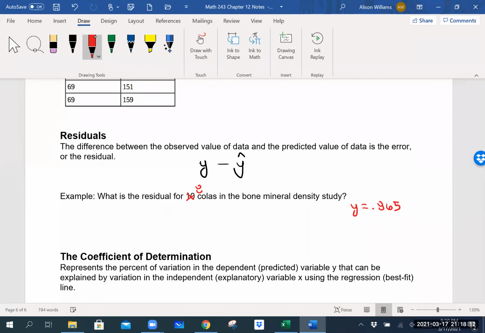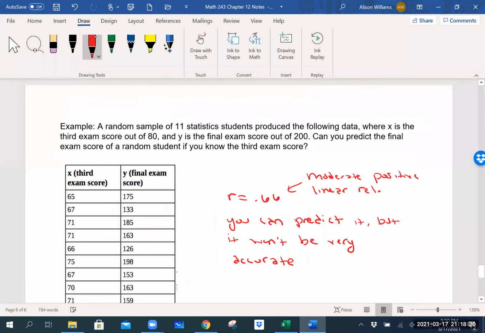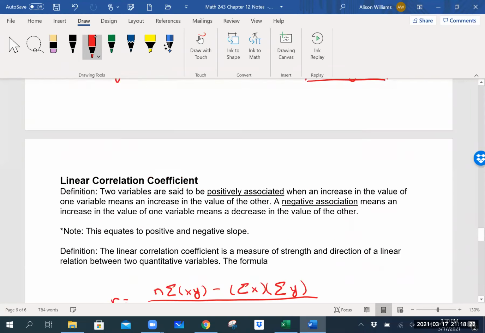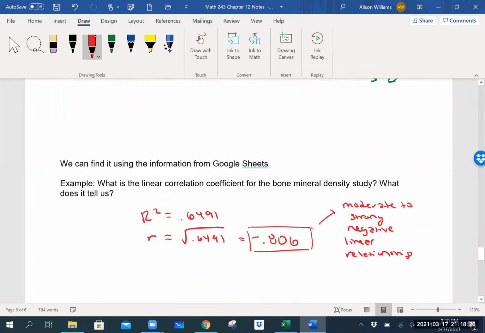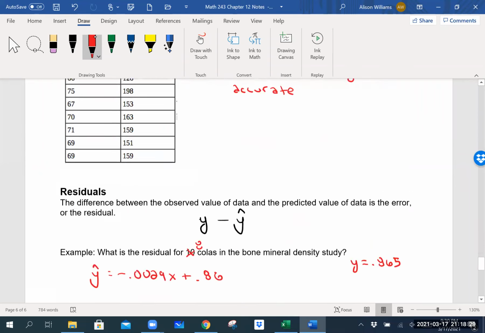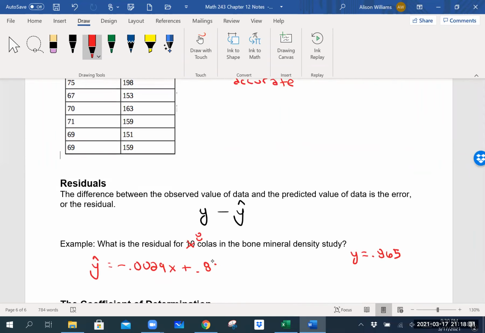Okay, so the least squares regression line was negative 0.0029x plus 0.8861. I think it was here. Sorry, I have to look back at it. 8861. There we go. All right.